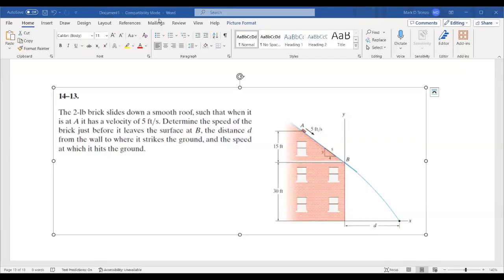We're going to take a look at this problem, 14-13. The 2-pound brick slides down a smooth roof such that when it is at A, it has a velocity of 5 feet per second.